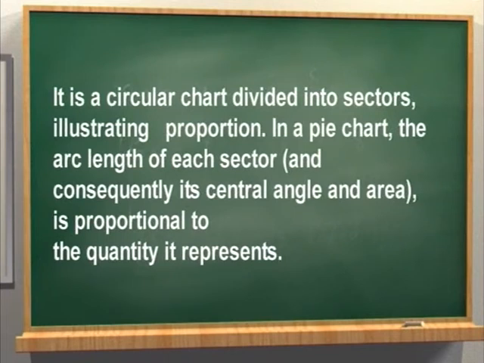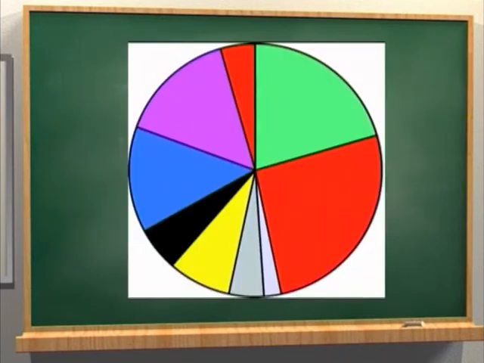In a pie chart, the arc length of each sector, and consequently its central angle and area, is proportional to the quantity it represents. When angles are measured with one turn as unit, then a number of percent is identified with the same number of centi-turns.